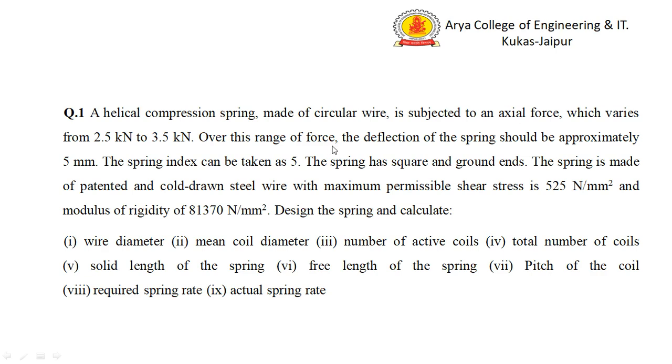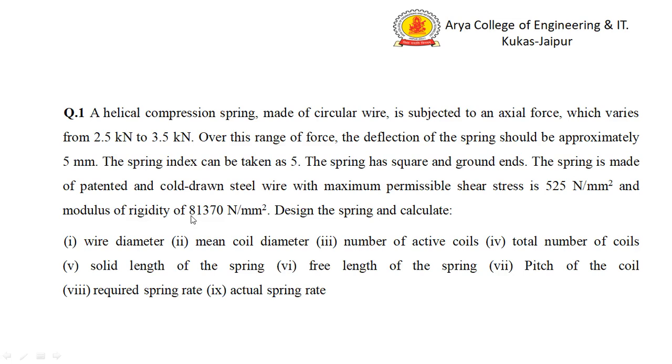Over this range of force, the deflection of the spring is 5 mm. The spring index given is 5. The spring has square and ground ends. The spring is made of cold drawn steel wire, and the maximum permissible shear stress is 525 Newton per mm square.